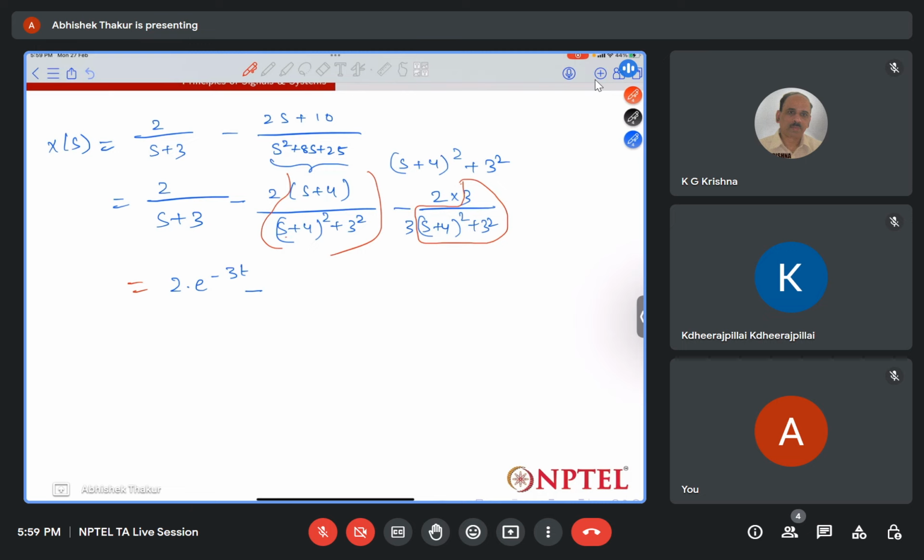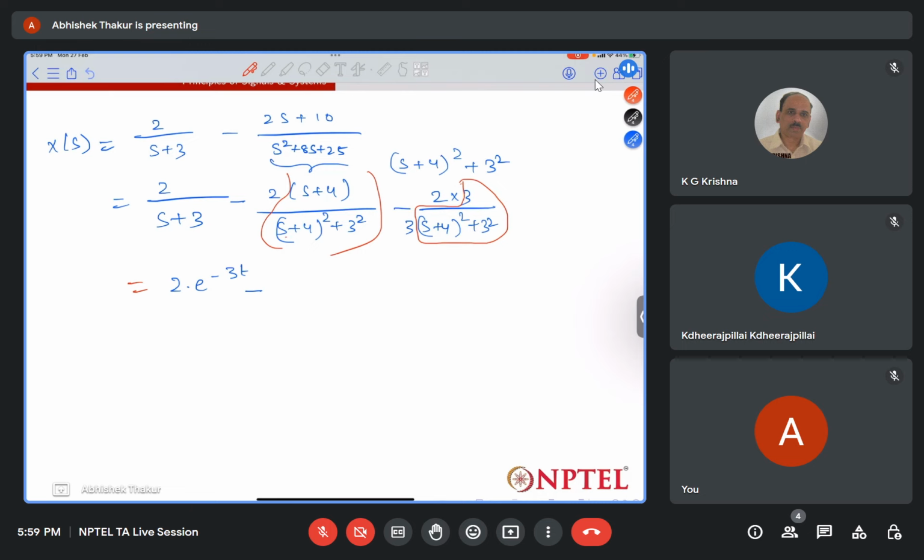For cos at, it will be s by s squared plus a squared, and for sin at, it will be a by s squared plus a squared. And if you multiply with e to the power minus alpha t and cos beta t, then in this case s plus 4 is there, so we have to write s plus alpha divided by (s plus alpha) squared plus beta squared.